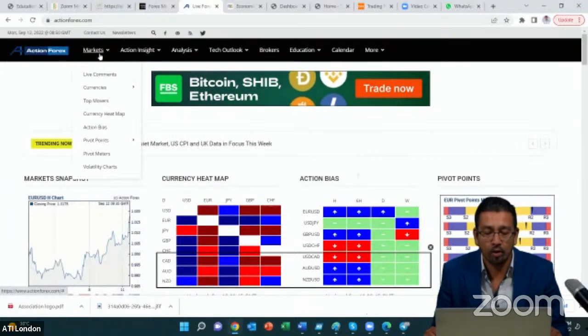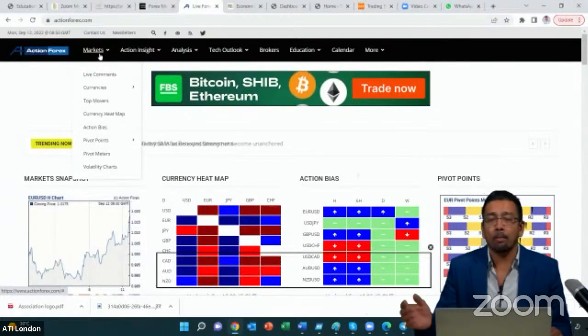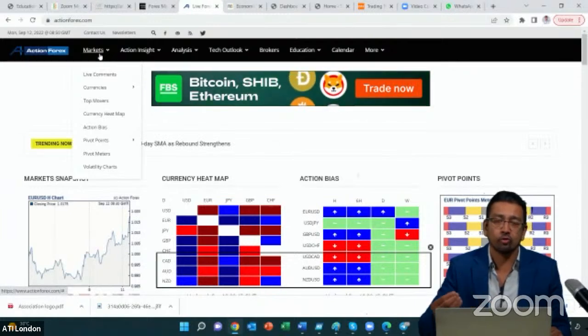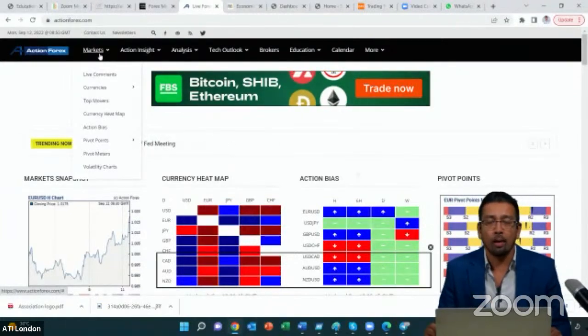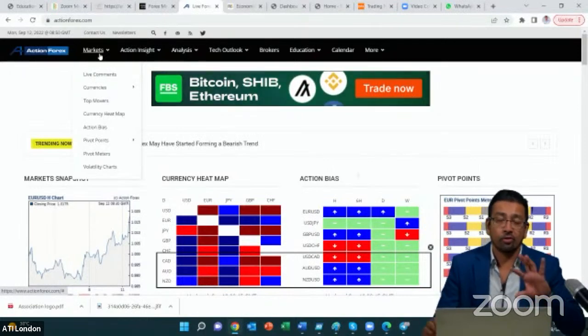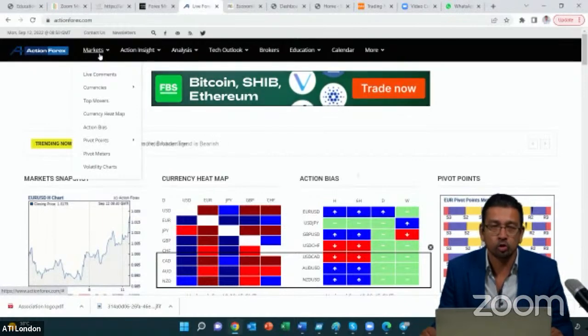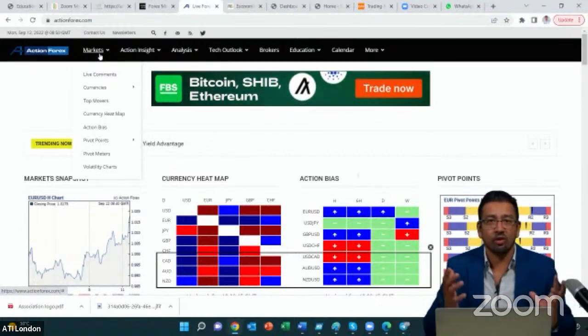This is where it makes a big difference, in understanding and applying the right kind of tools in order for you to match up with different types of markets, different types of pairs and currencies that are strong versus the weak ones and vice versa.